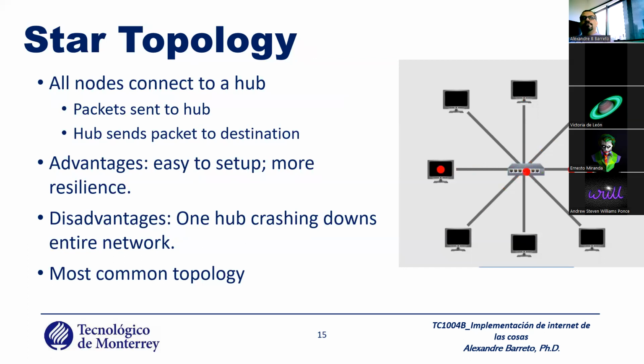But I'll give you an example, a star topology. When you talk about topology, you talk about the network, not about the applications. It's about how your network is designed. For example, you can say my home uses a star topology, because I have an access point.